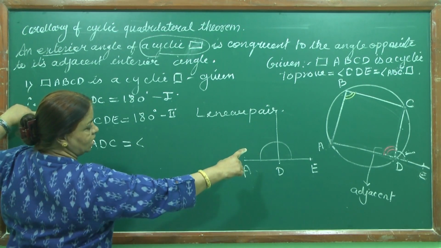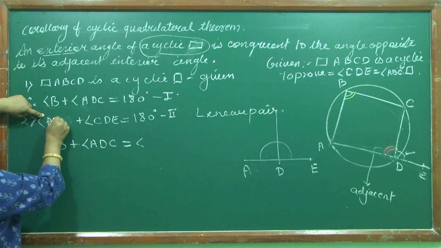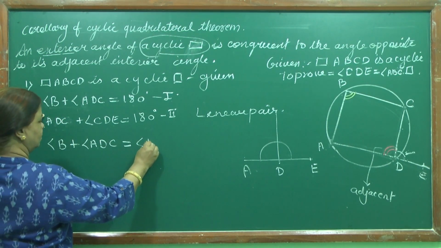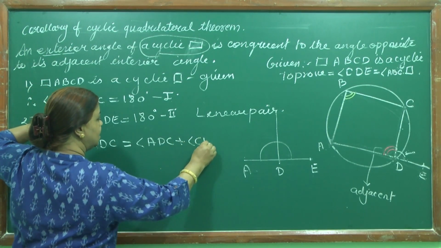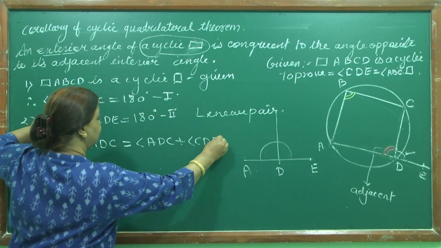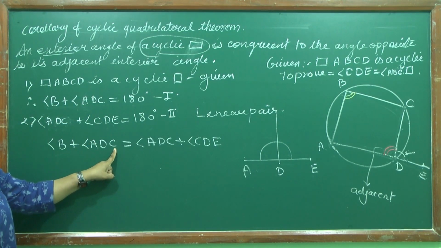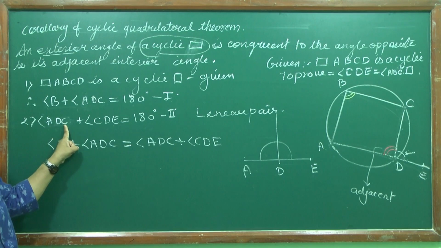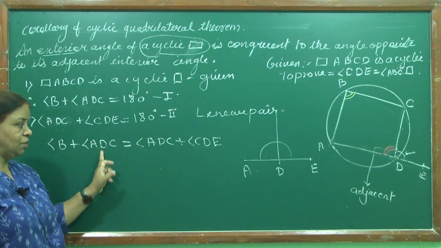See, CDA or ADC is the same only. Let me write here also ADC plus angle CDE. See, angle B plus ADC is equal to 180. Angle ADC plus CDE is equal to 180. Therefore, they both are equal.